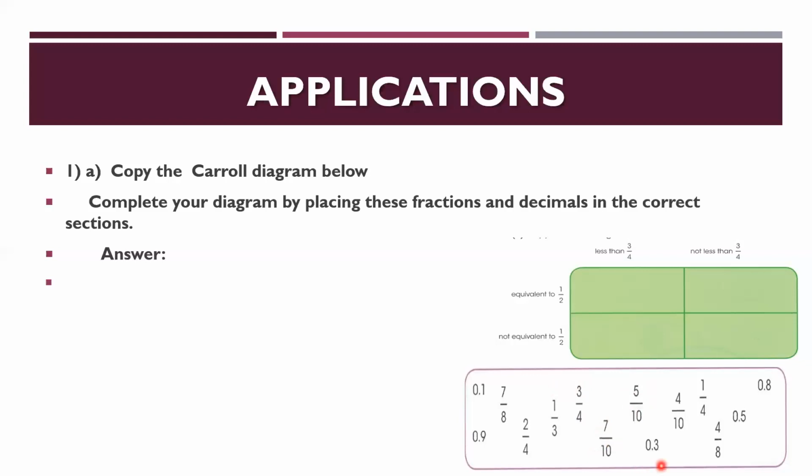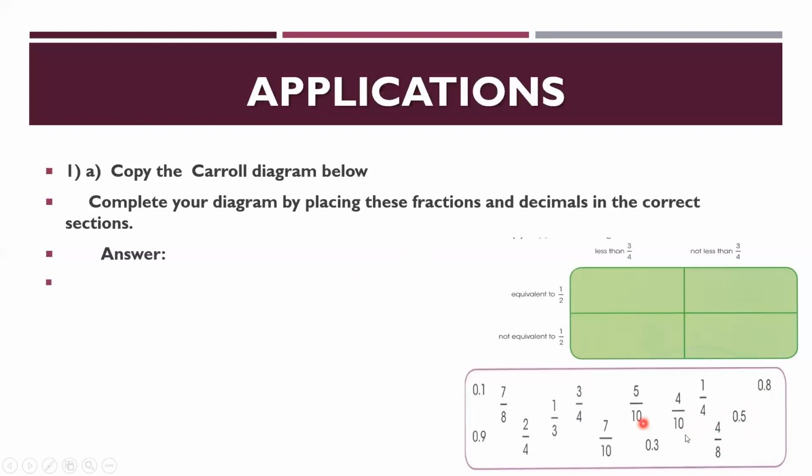It's a smaller number. 4 by 10 means 2 by 5, that is less than, so it is not possible. 1 by 4, smaller number. 4 by 8 is exactly 1 by 2. What about 0.5? That is also equivalent to 1 by 2, so it is not applicable. 0.8, yeah, it is a larger number, so we can write it over here.